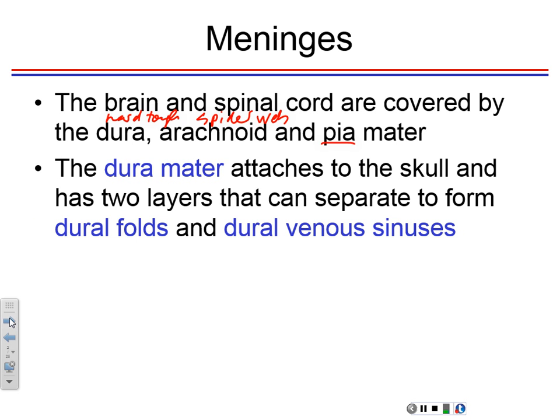And that layer is called the periosteal layer, from the periosteum, the outside membrane covering the bone. So that's layer number one. And then the inside layer of the dura mater is the actual meningeal layer.